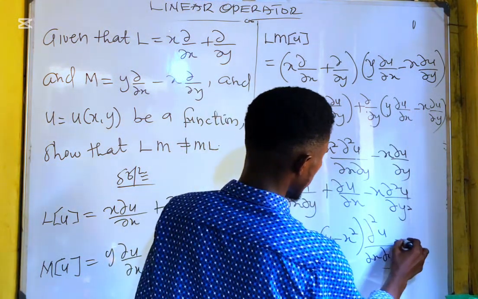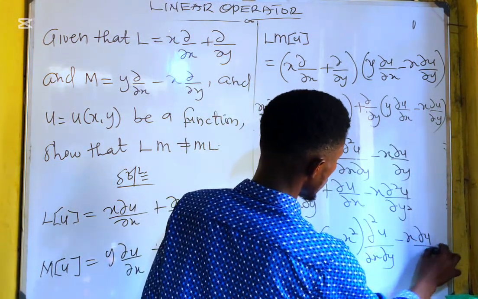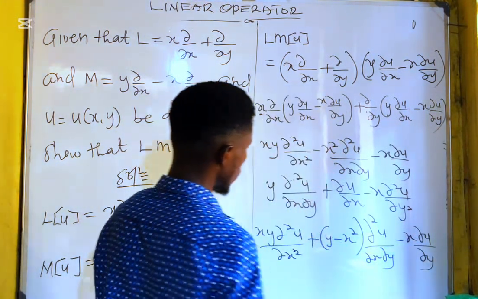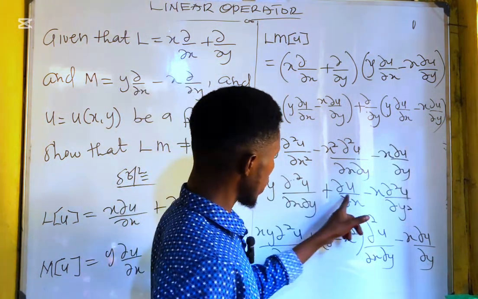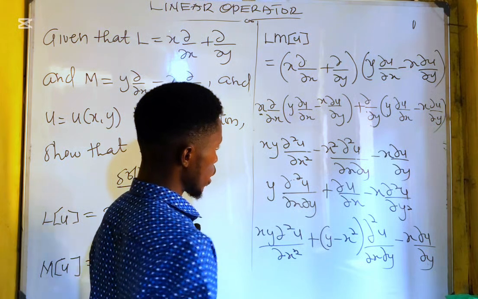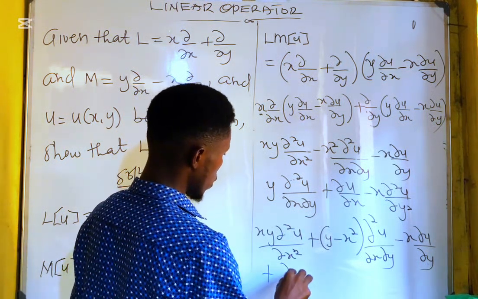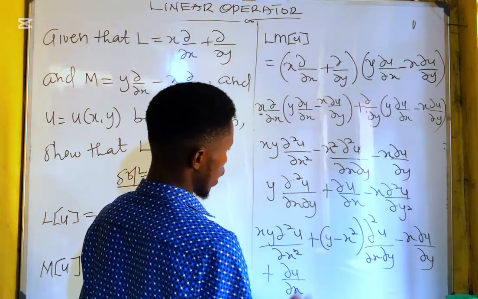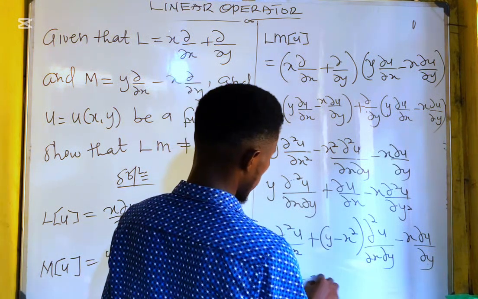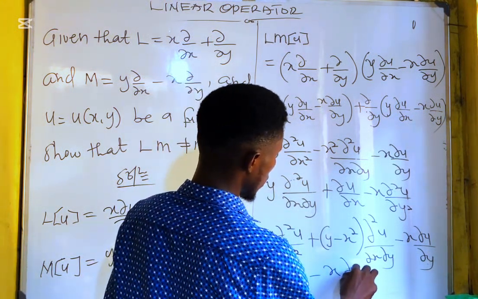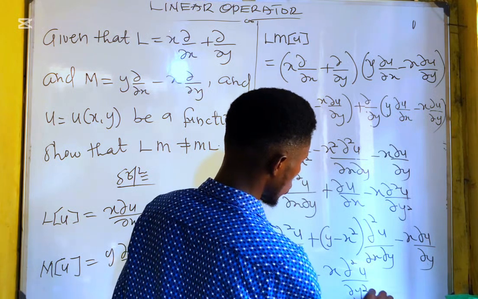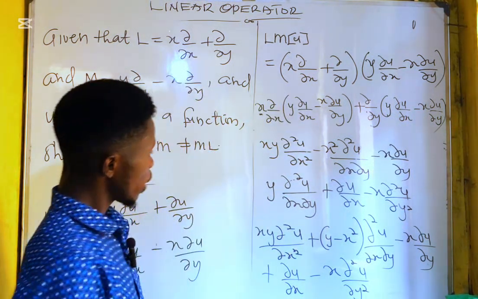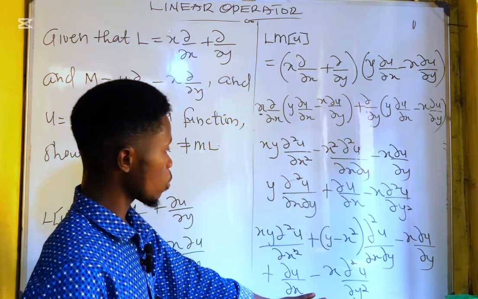Now here will be minus x ∂u/∂y. Then, okay, this is ∂u/∂y and this is ∂u/∂x, so they are not the same. Plus ∂u/∂x minus x ∂²u/∂y². So this is the first one.